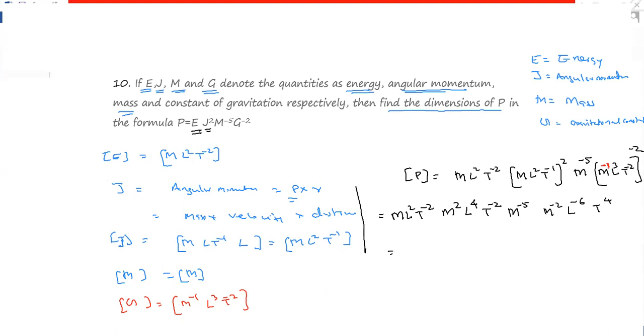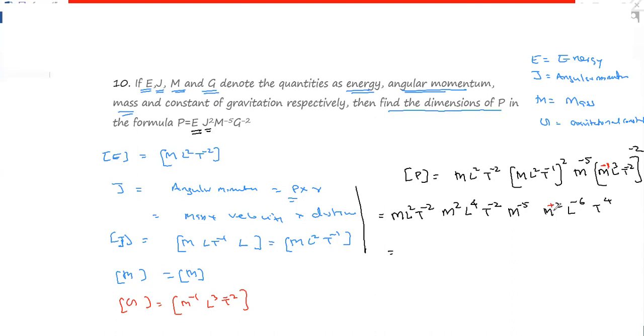So M raised to minus 1 all raised to minus 2 is M raised to positive 2. L raised to 3 all raised to minus 2: a raised to m all raised to n is a raised to m into n. So it is L raised to minus 6. Then minus 2 into minus 2 becomes T raised to 4. So M square is M cube.